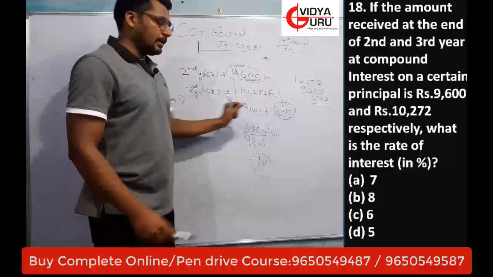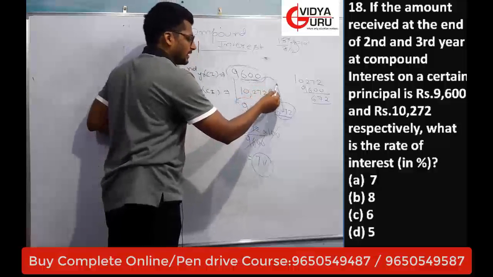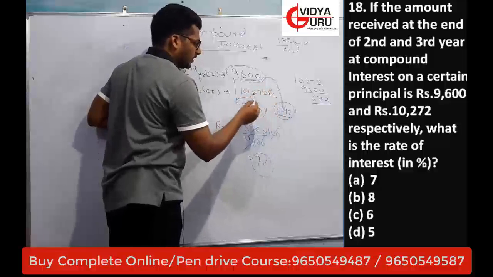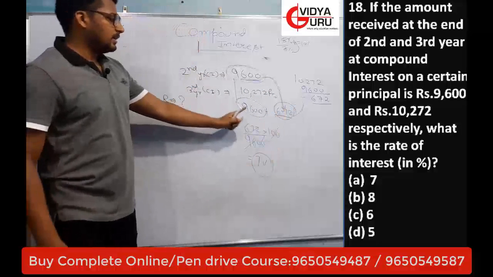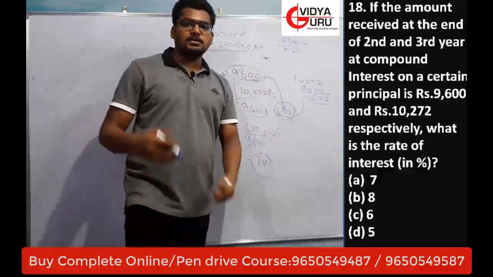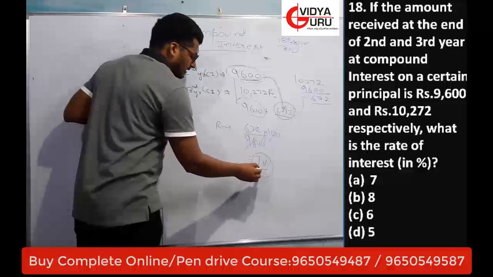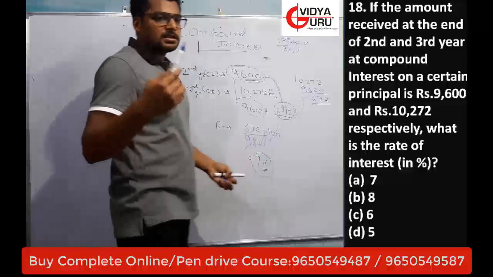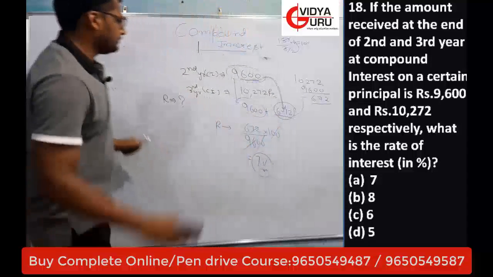For third year I will receive 9600 and extra interest on 9600, which I subtract and get 672. That means 672 interest is calculated on 9600. So 672 on 9600 is 7%. So the rate is 7%. So coming on to our next question.